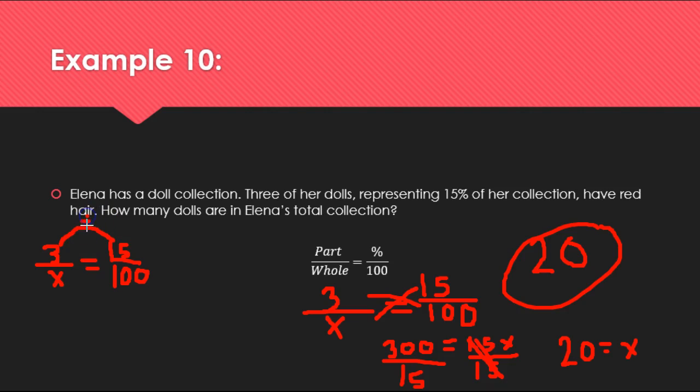So if I take 15 divided by 5, I get 3. And if I divide 15 by 5, I would also have to divide 100 by 5. So 100 divided by 5 gives me 20. So the total number in her collection is 20.